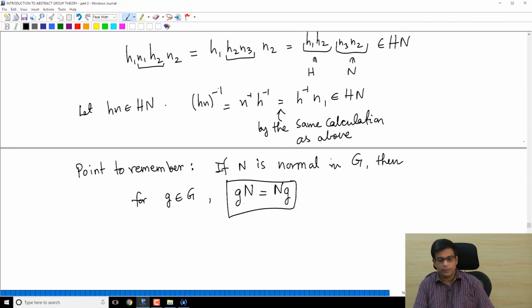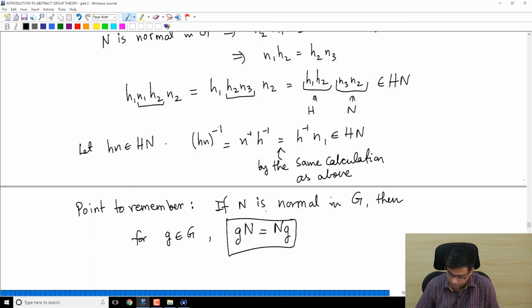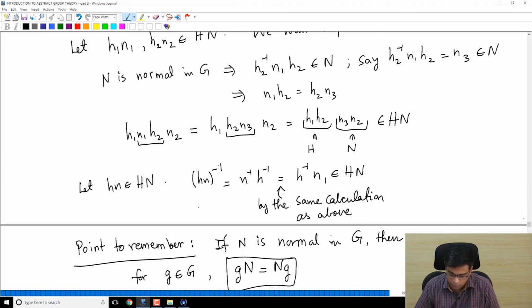See, elements of N do not necessarily commute with a fixed element, but as a coset they commute. This is something that we have seen before, but this is exactly the calculation that we have done here. So something in N times g is g times something else in N. This is the point that I would like you to remember, and that's what we have used.